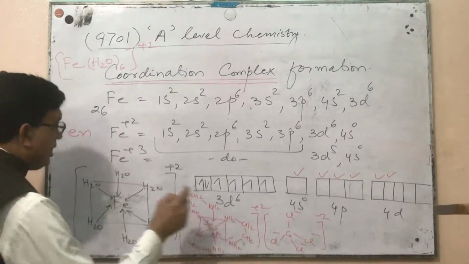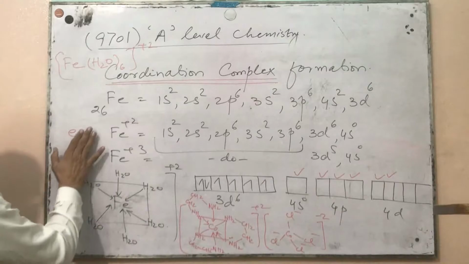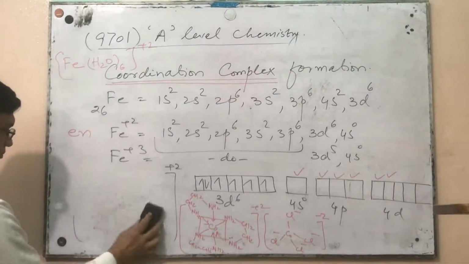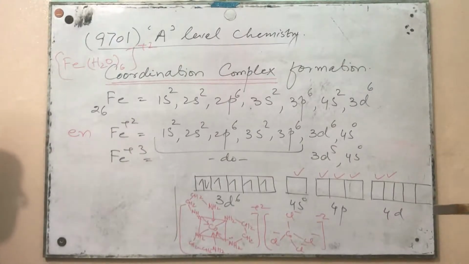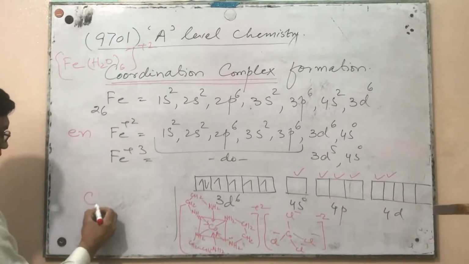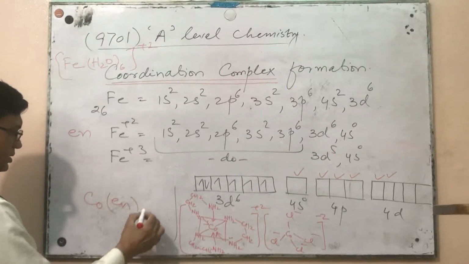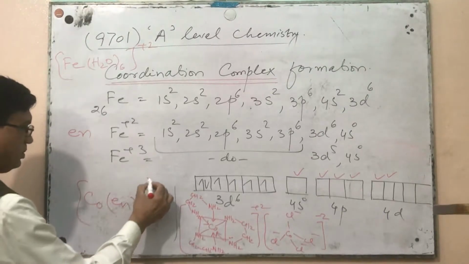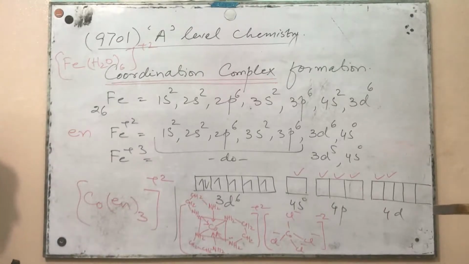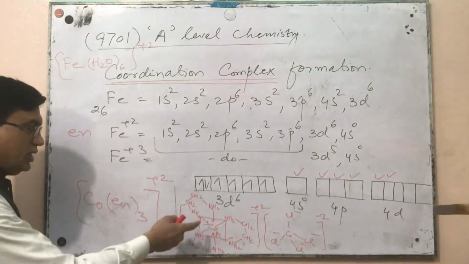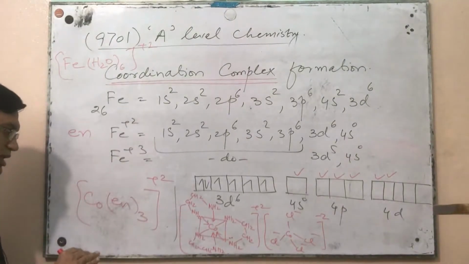Now this complex can be written as [Co(en)3] 2+. It means that this 1,2-diaminoethane is also a neutral ligand.